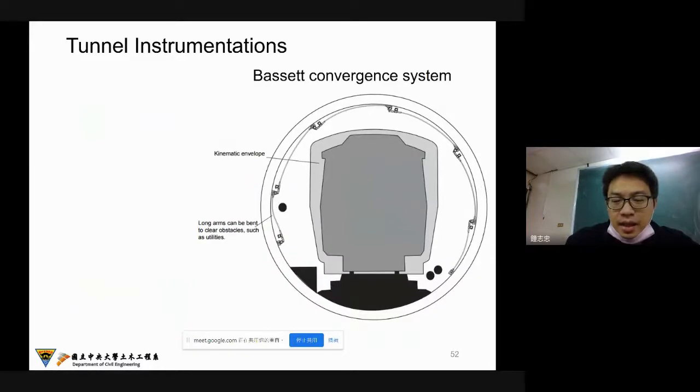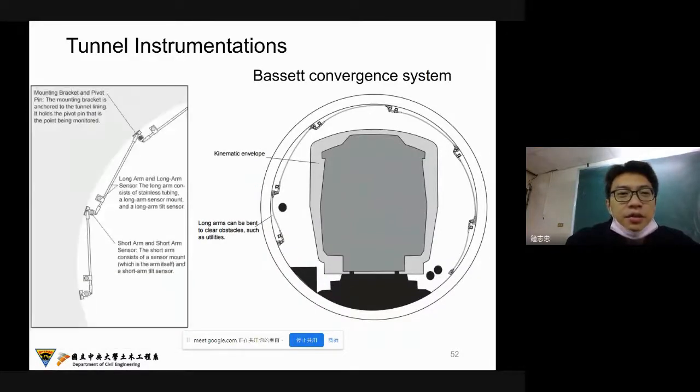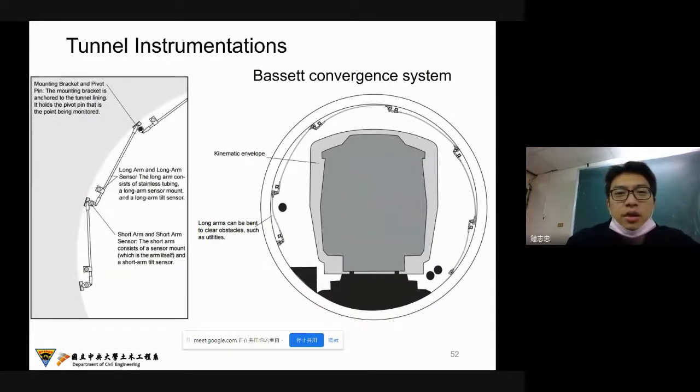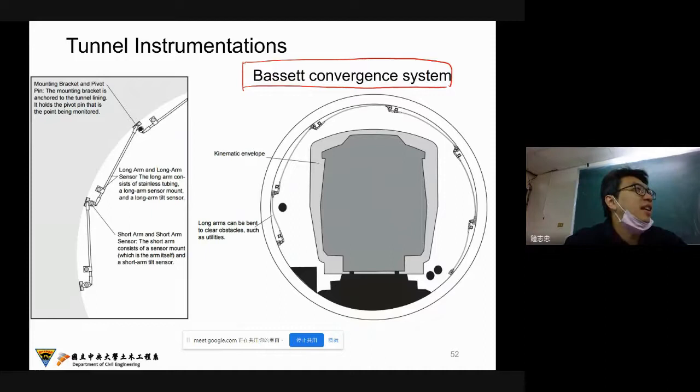I also showed a very unique system, what we call a basalt convergence system. It's just like the inclinometer, but of a different type. You can see this is a short arm, longer arm, short arm, longer arm, short, long.